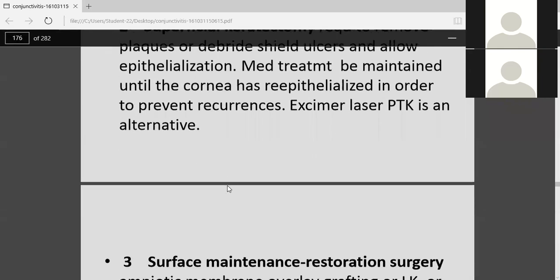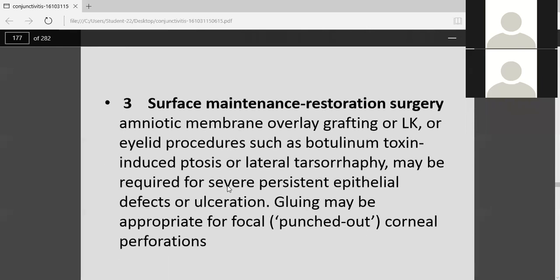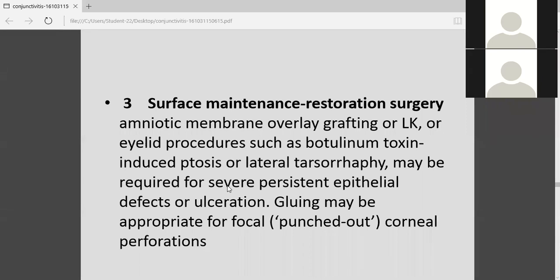And then one thing more is what are the surgical procedures that you can do in case of allergic conjunctivitis? The shield ulcer. Shield ulcer is a very bad ulcer. It can perforate the cornea. So you can use some gluing objects which basically give support to the cornea.